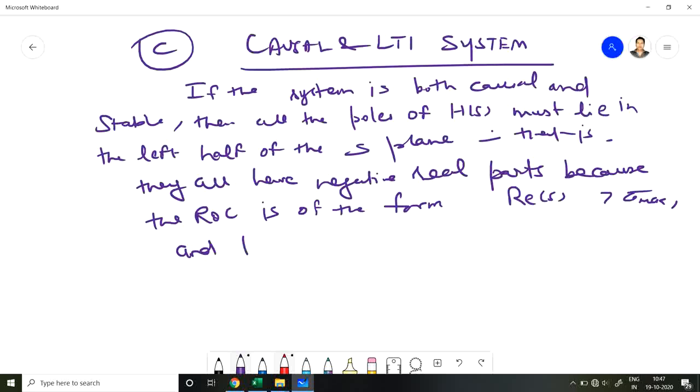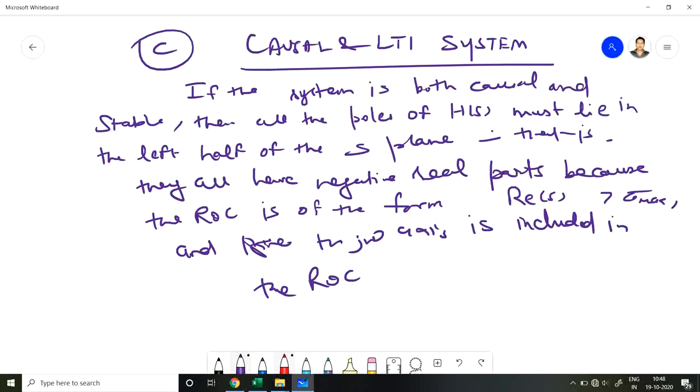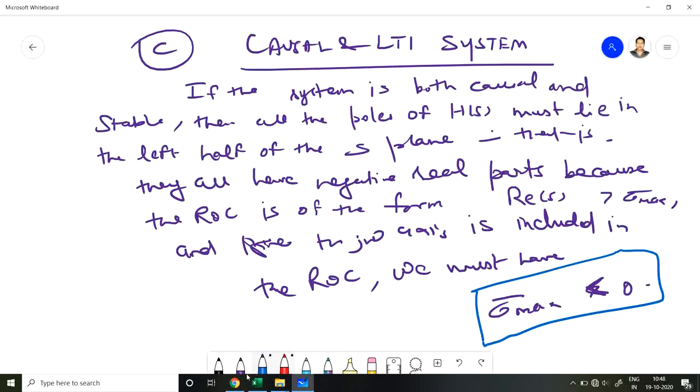Since the j omega axis is included in the ROC, because this s plane is what we have converted our continuous time system to, we must have sigma max less than 0. So this is the condition.